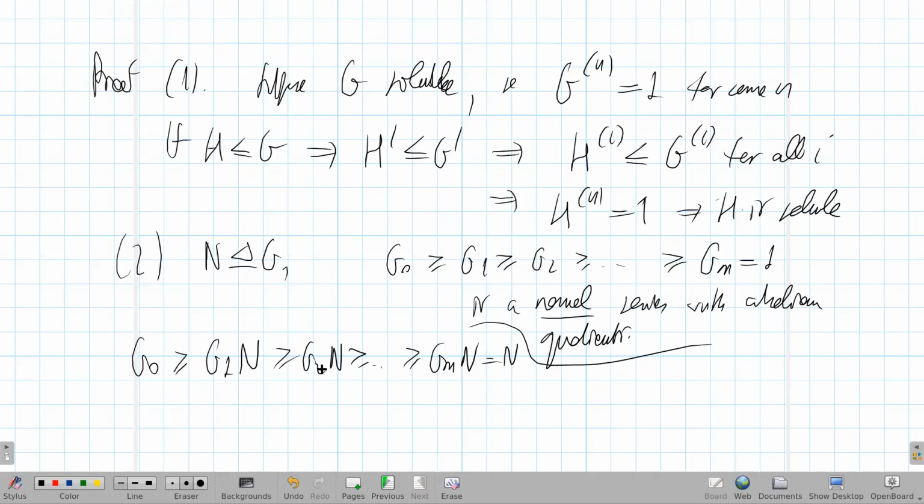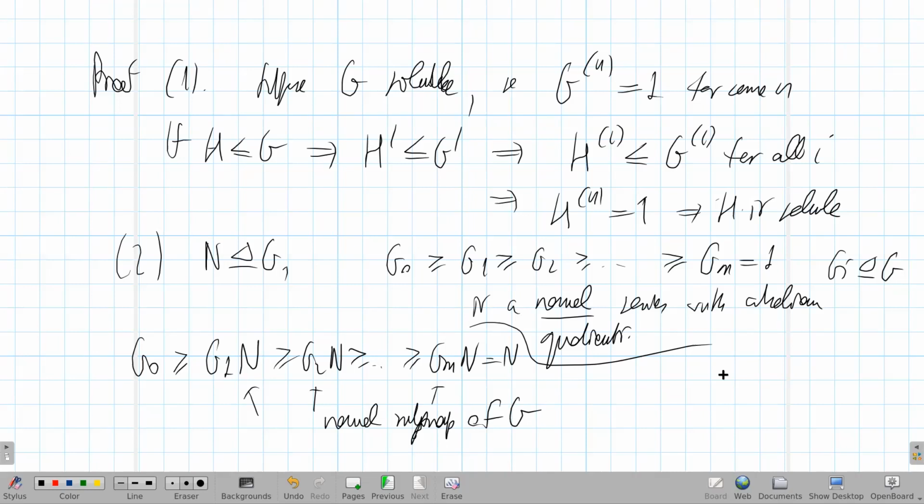And of course, both the Gi are normal in G and N is normal in G, so these are all subgroups, and these are obviously normal subgroups, because they are the product of two normal subgroups.